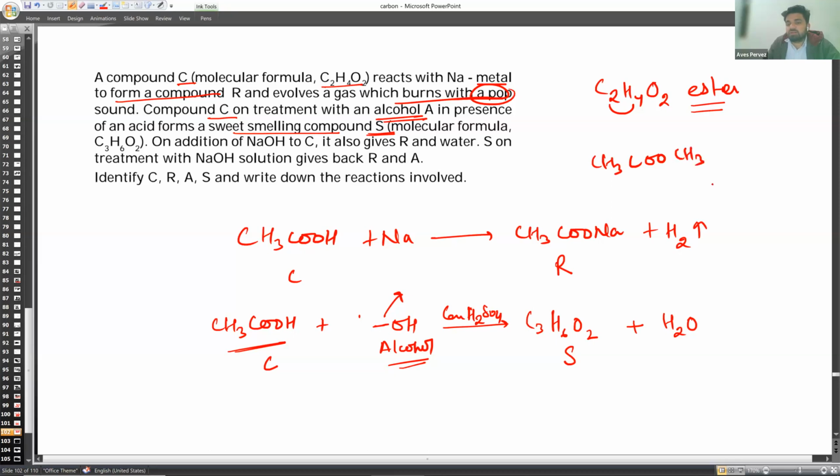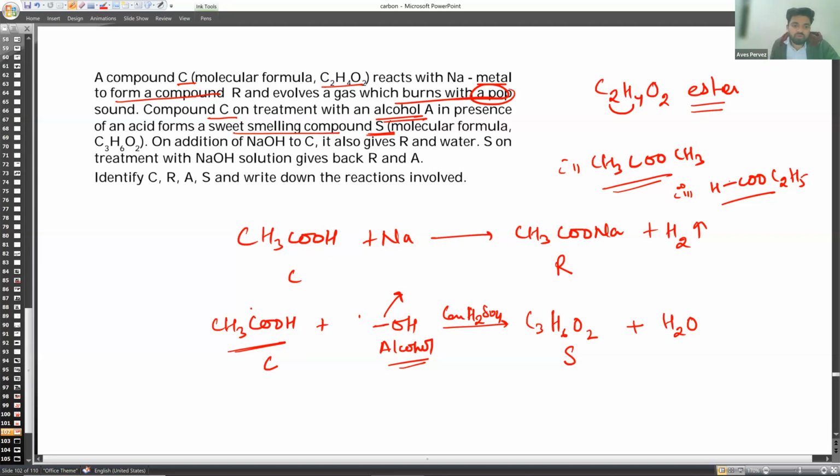Or is it this one, CH3COOC2H5? They both are going to have the same formula, C3H6O2. So which one is correct? 1 or 2? Tell me fast.